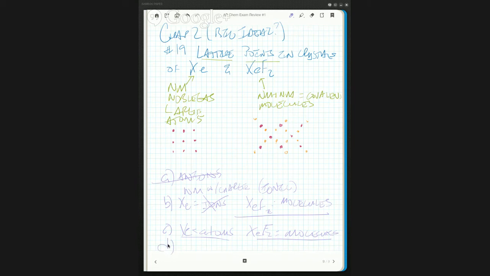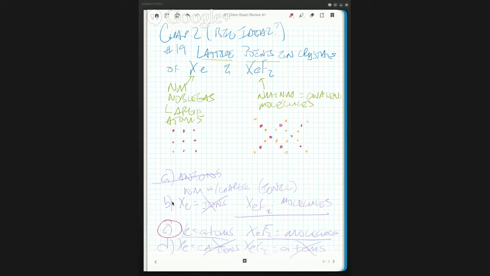Let's look at what D says. The lattice points in xenon are occupied by cations, while the lattice points in xenon difluoride are occupied by atoms. Wow, okay, we're back to ions again, cations. Still an ion, definitely not it. And xenon difluoride being atoms is simply not true. Clearly not it. So I am going to vote for C.